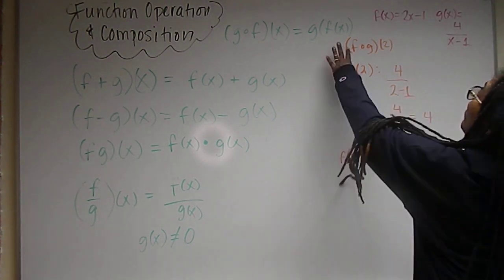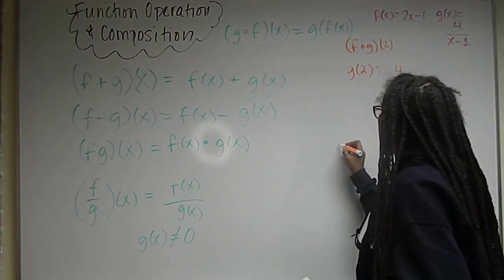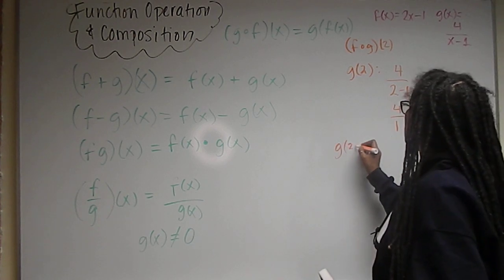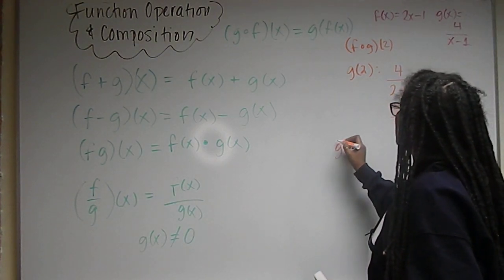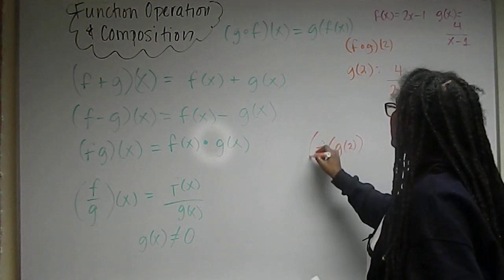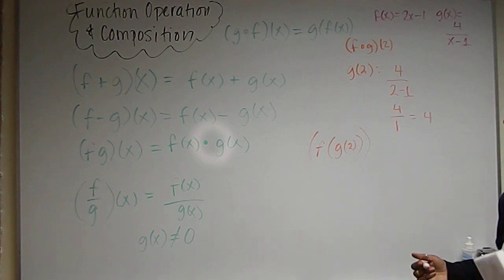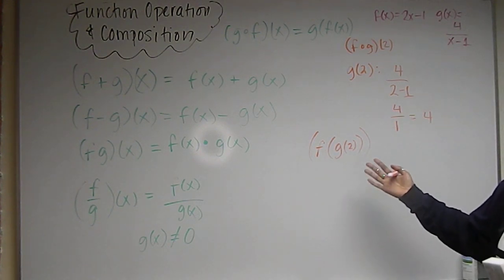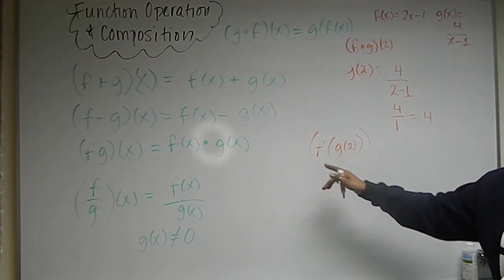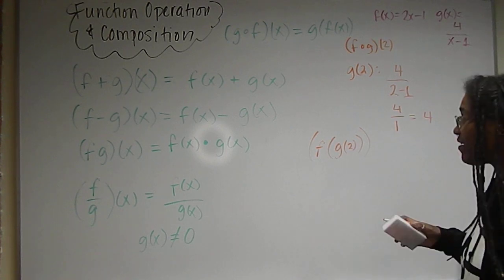You want to know why they write it like that? Because you did g of 2 inside, so you have f of g of 2. Does that make a little bit more sense? That's why they write it like that, because you're going to put this one inside this one.